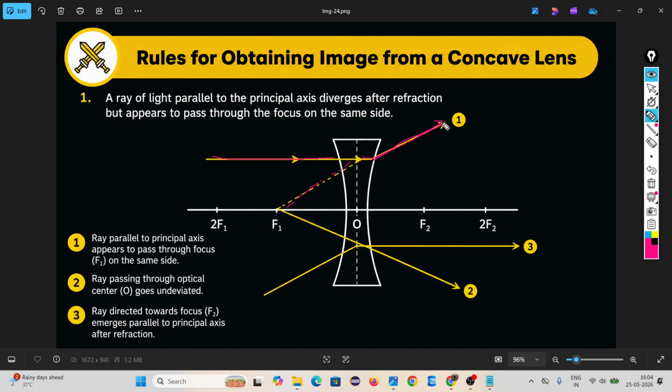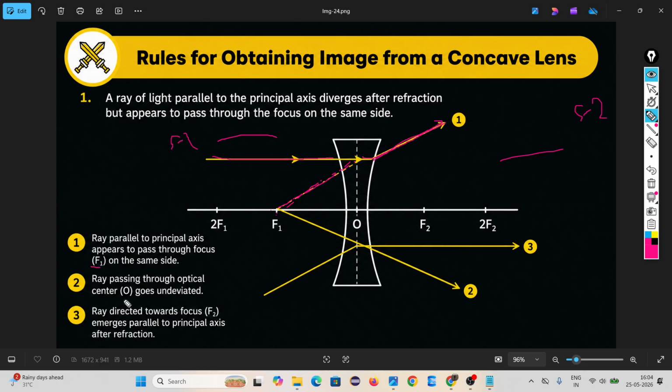Actually it diverges, but appears like it meets at F1, on the same side. In convex lens, it meets at F2 on a different side, but here the same side.